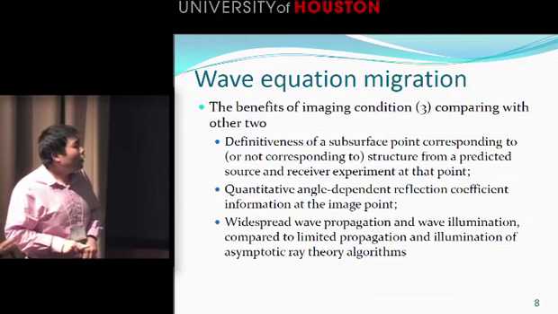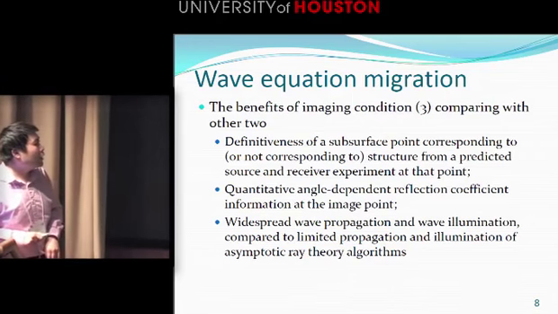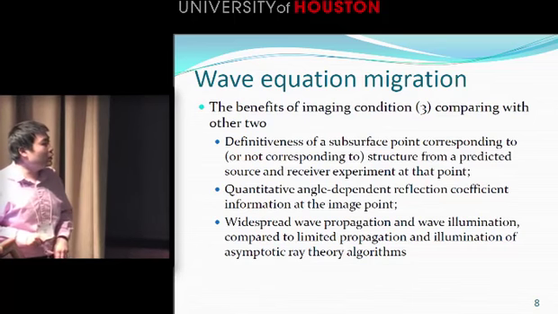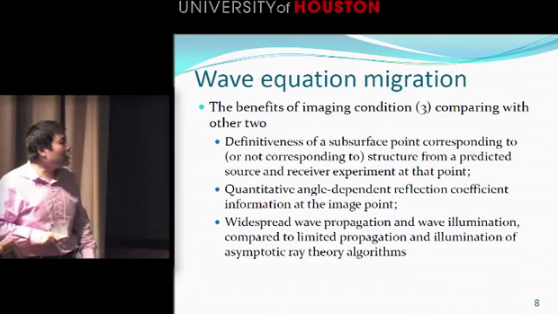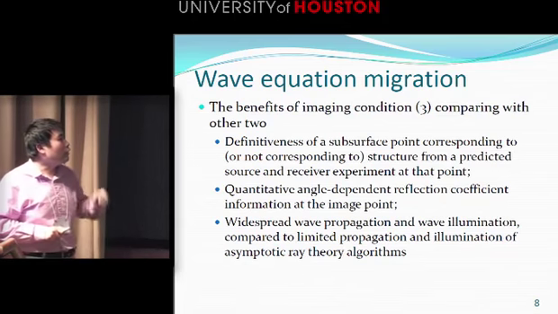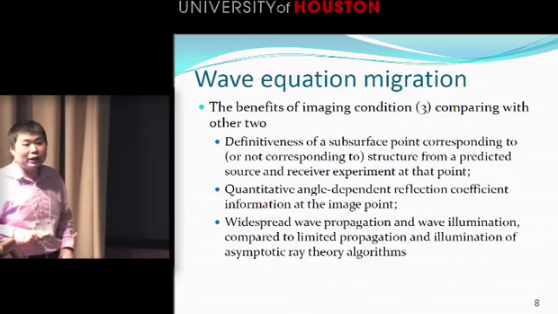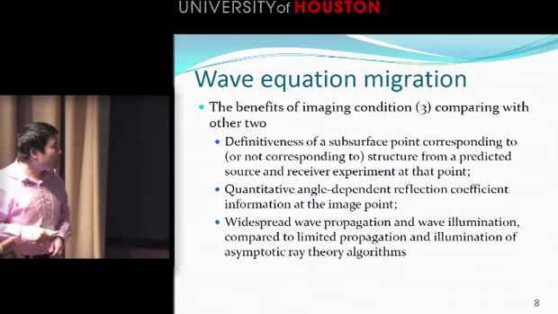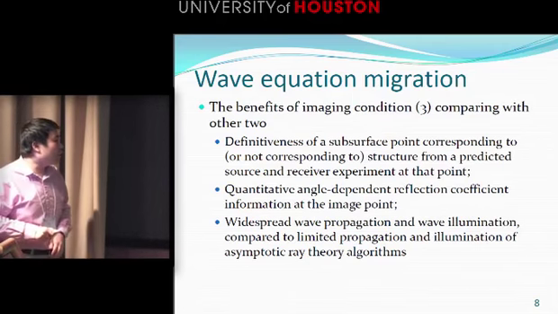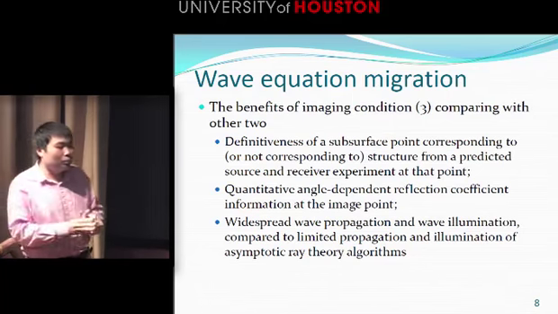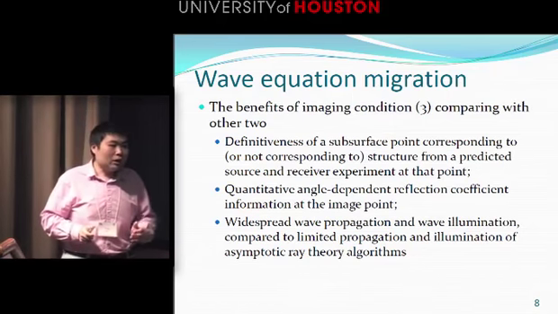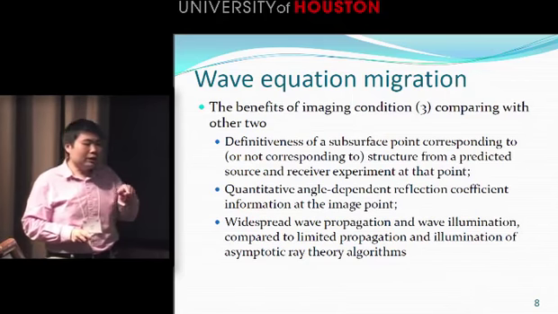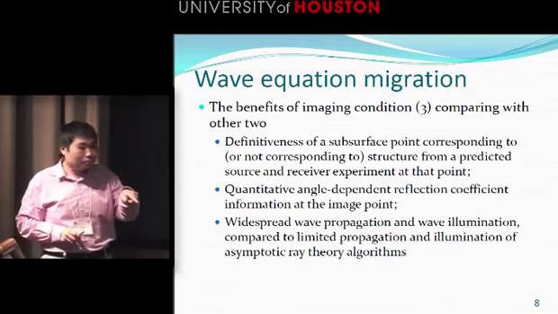Second, which is the main point of this talk, is you have quantitative angle-dependent reflection coefficient or angle-dependent amplitude information from the wave equation migration or from the third image condition. I will talk more later. And the third one is that you have well-spread wave propagation, because you know that a wave just goes anywhere, but the ray just goes along the ray path.